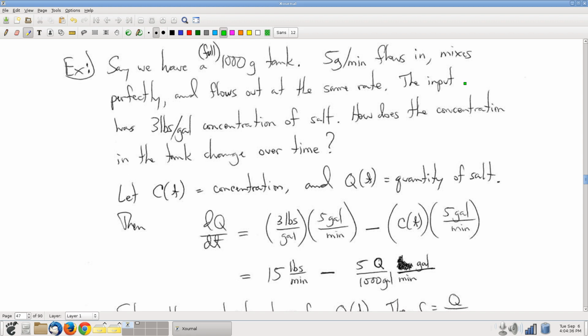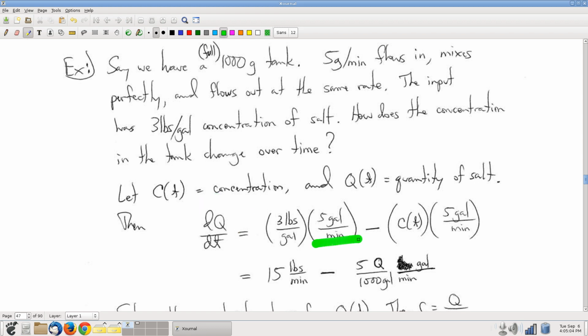What you can write easy differential equations about is the quantity. Quantities do add. If you have a certain quantity of salt and another quantity of salt, when you pour them both into the bucket, the total quantity is just a simple sum. So let's write a differential equation for Q, and thus try to write down what is dQ/dt.